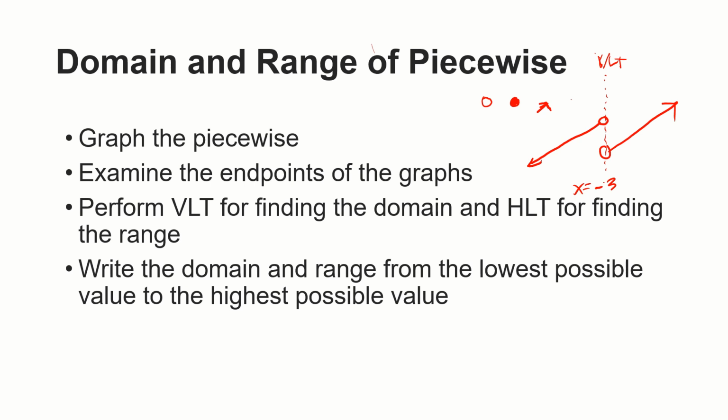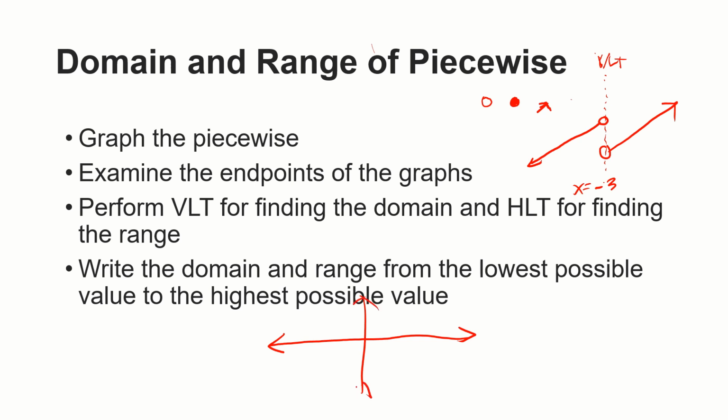So our next step is for us to write the domain and range from the lowest possible value to the highest possible value. When we are determining the domain and range of a function, we need to start at the lowest possible value. Let's say, for example, that this is our Cartesian plane.